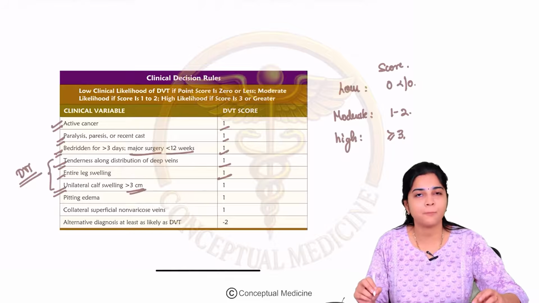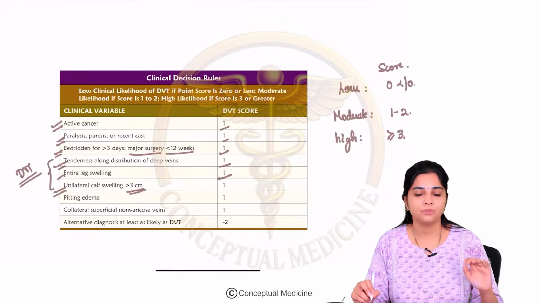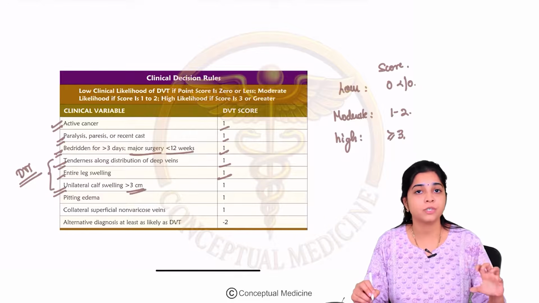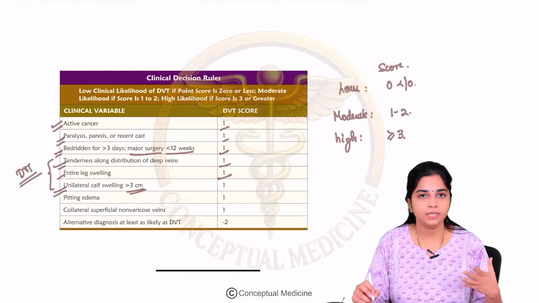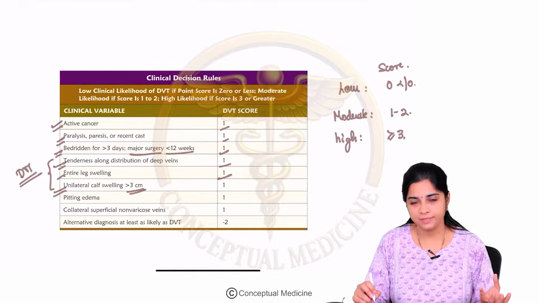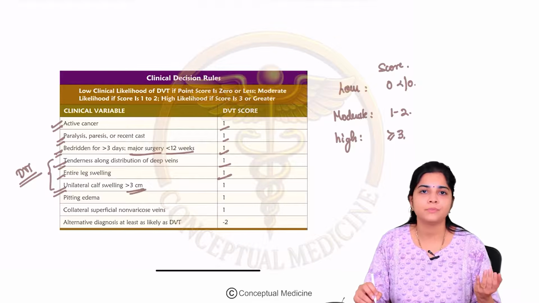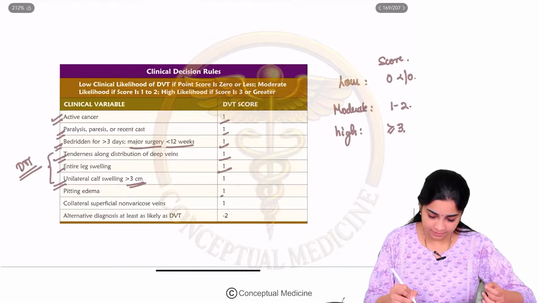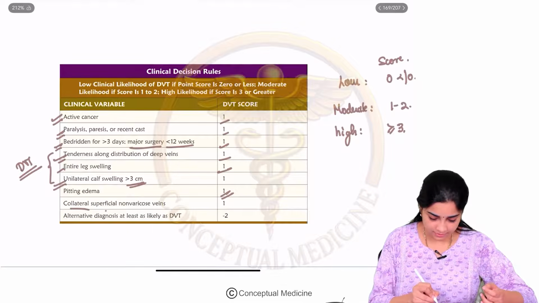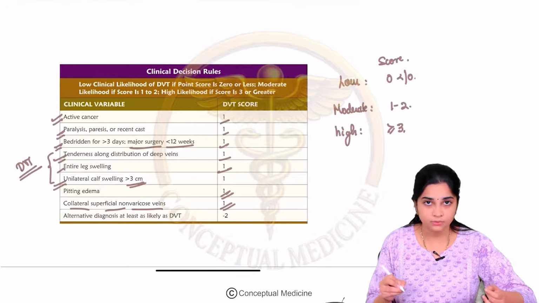Whenever you examine a bedridden patient, please do look at the bed end of the patient, look at the limbs. If one limb is more swollen, more tender than the other limb, that means there is a DVT, and this DVT can in turn predispose to the formation of a PTE. Presence of pitting edema, score of 1. Collateral superficial non-varicose veins, score of 1.